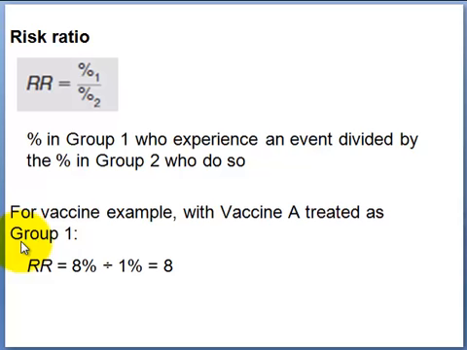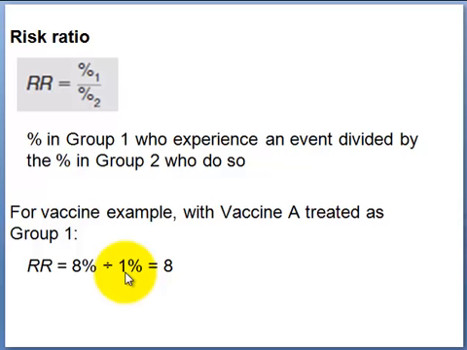Let's make the vaccine A group the first group. So the percentage becoming ill in the vaccine A group was 8, and we're dividing by the percentage in group 2, the vaccine B group. 8% divided by 1% yields our risk ratio, which in this case is 8.